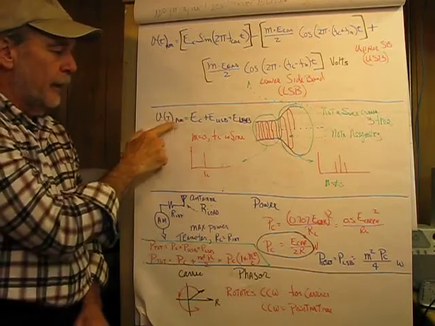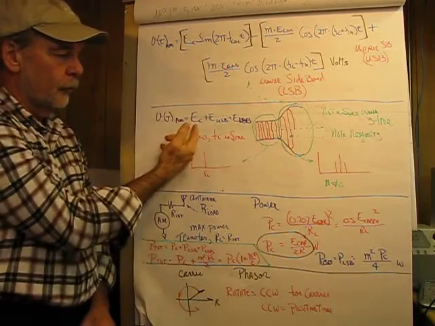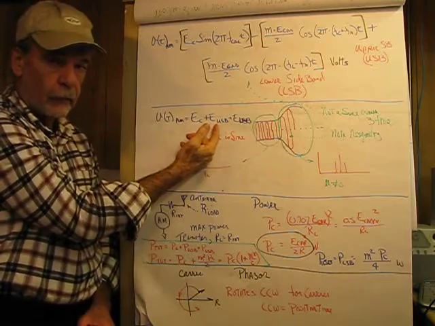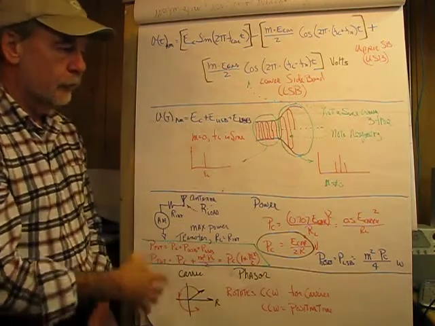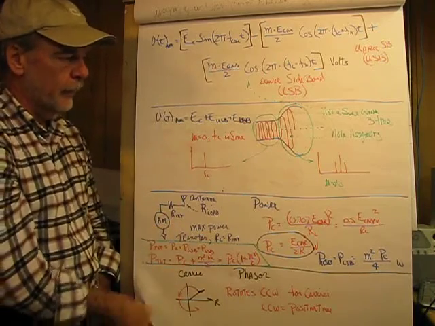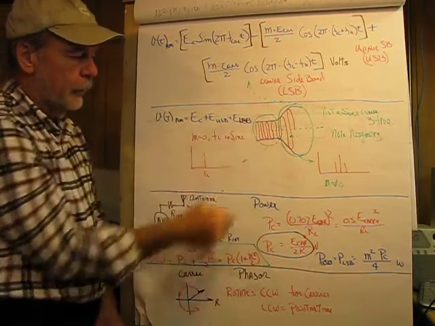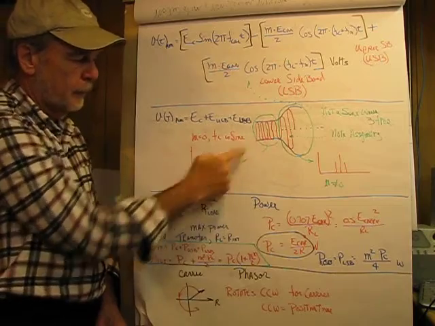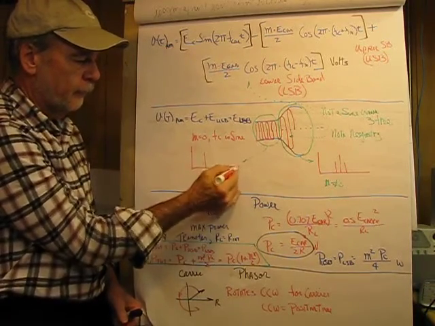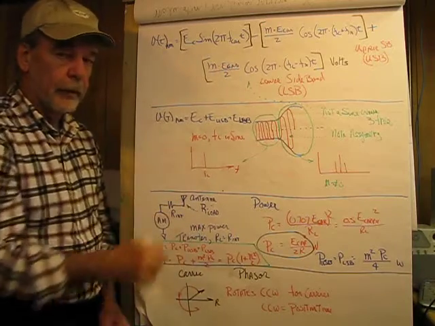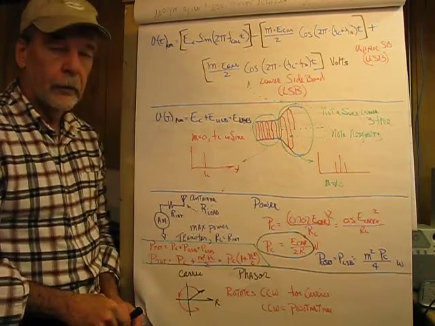Now, V of T AM can be summarized as the carrier voltage plus the upper sideband voltage plus the lower sideband voltage. And if we dissect this a little bit, here we have an unmodulated carrier, and during this time period the frequency domain response would be a single spectral spike representing that carrier sinusoid.